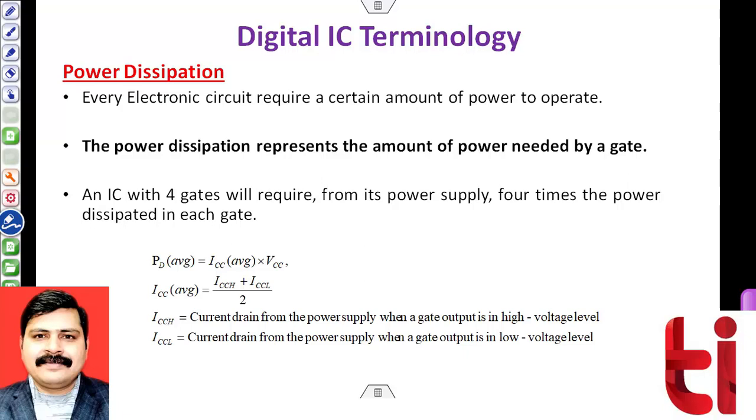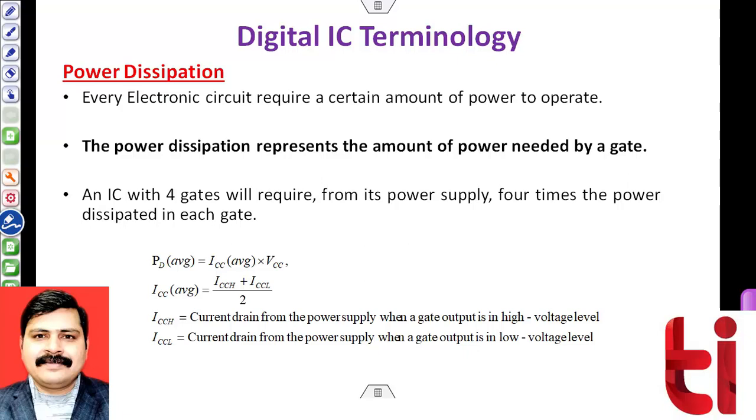Every electronic circuit requires a certain amount of power to operate. This is understood. We have seen many circuits till now, and in digital integrated circuit terminology, power dissipation represents the amount of power needed by a gate.